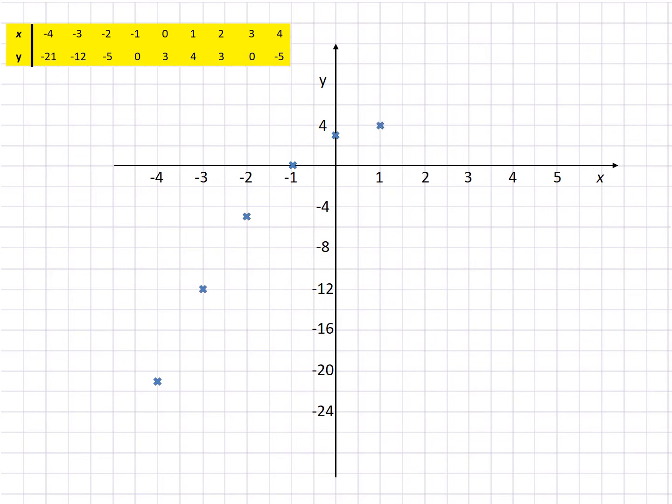Plotting the points really carefully. Just use a little cross, a sharp pencil, and make sure you're plotting those points exactly where they need to be. And when we've done that, we're ready now to join the points up.